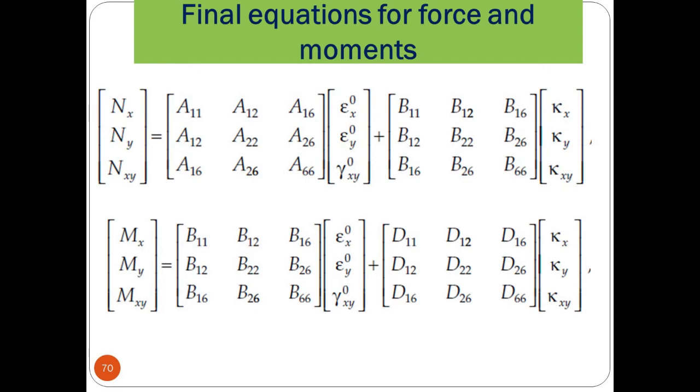Finally, the force moment equation we may have in matrix form: Mx, My, Mxy, and D11, D12 are also being introduced. So physically, what does it mean? What do you mean by A matrix, B matrix, and D matrix? I'll discuss that in a later slide.